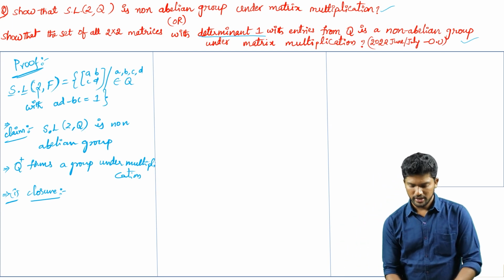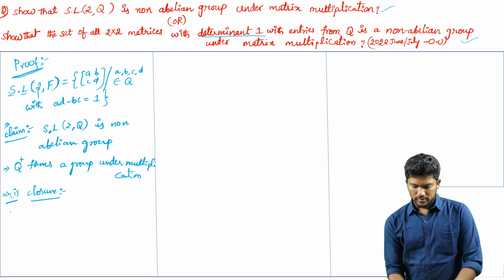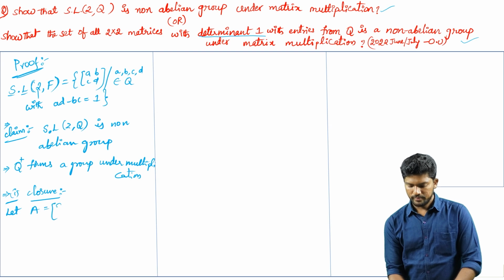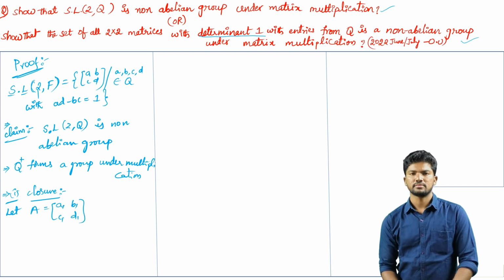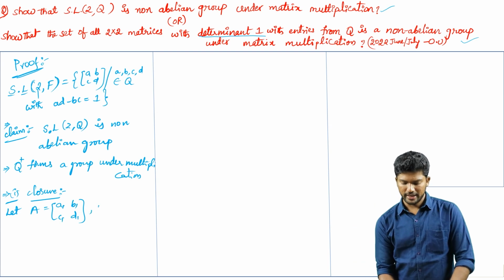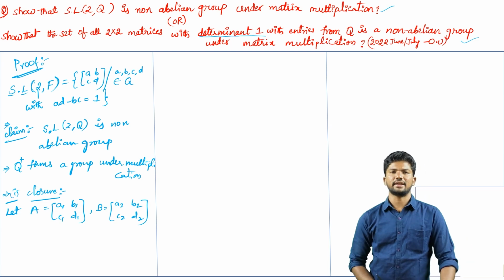Now the closure property. Let capital A equal A1, B1, C1, D1 be a matrix, and capital B equal A2, B2, C2, D2 be another matrix.